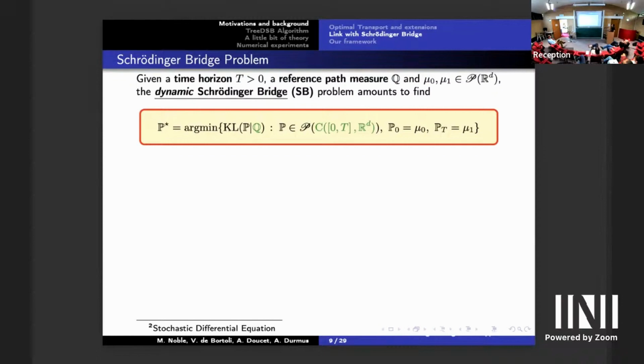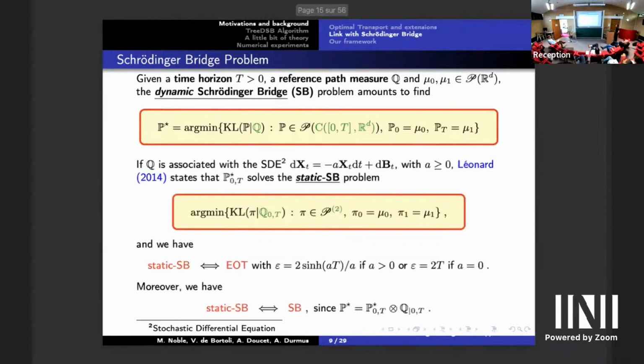What you want to solve is this kind of thing. You want to minimize the KL divergence between some path measure, which has these constraints at time 0 and time T, along your reference path measure. Actually, if you consider something which is Markov for your Schrödinger bridge, what you end up with is this formulation, what we call the static Schrödinger bridge problem.